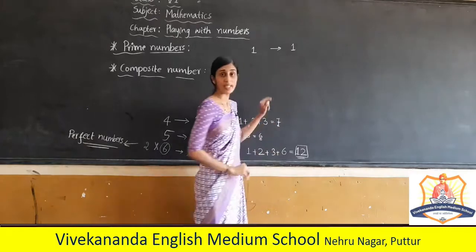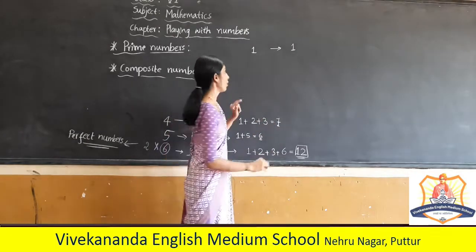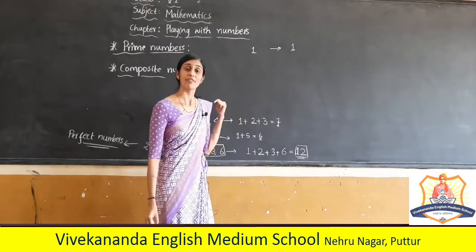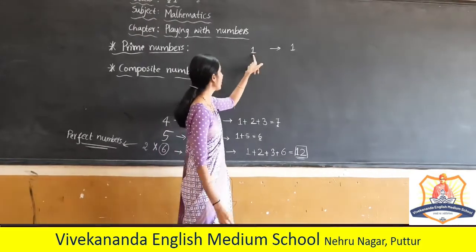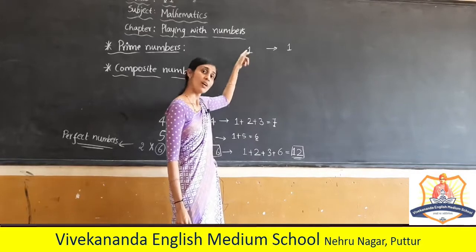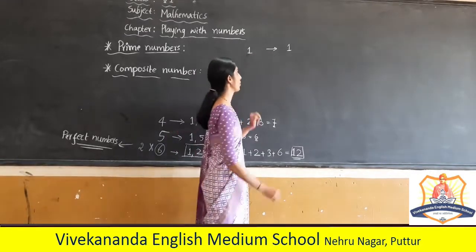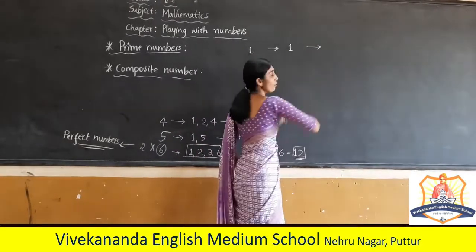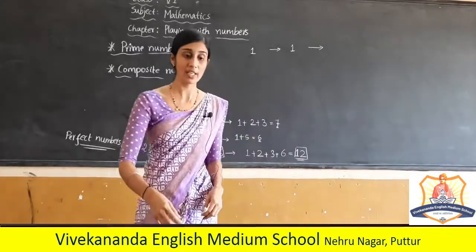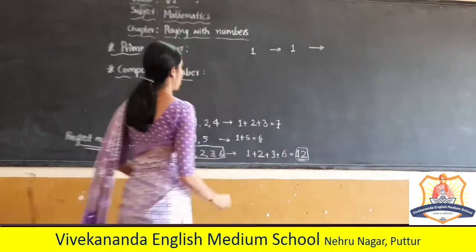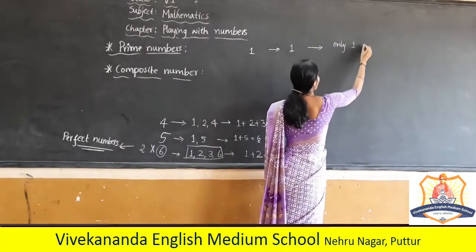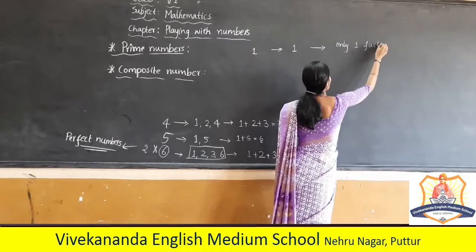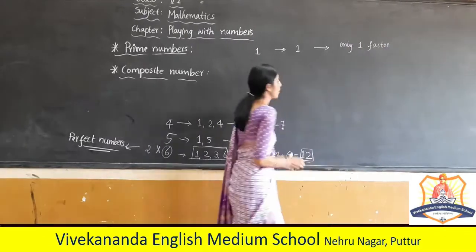So, 1 is the factor of every number including 1, and the number itself, which is 1 itself. So, the number of factors for 1 is only one factor, right?